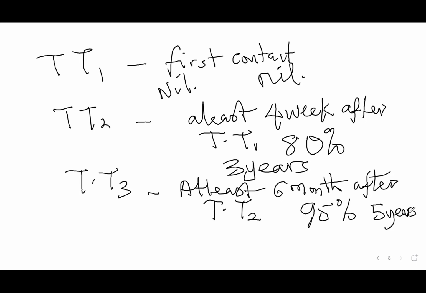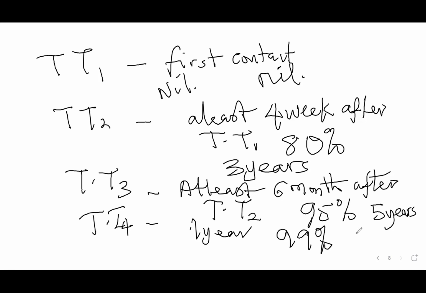Then the fourth tetanus toxoid is given 1 year after the third tetanus toxoid. And the percentage protection the fourth provides is 99% protection.